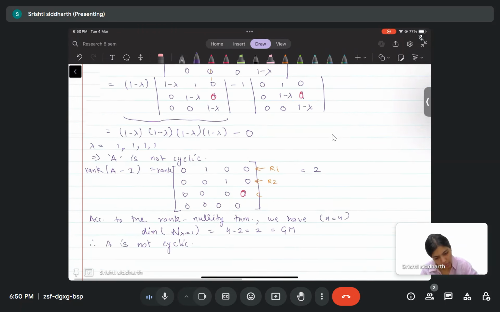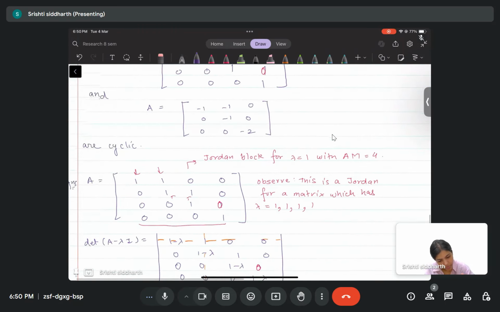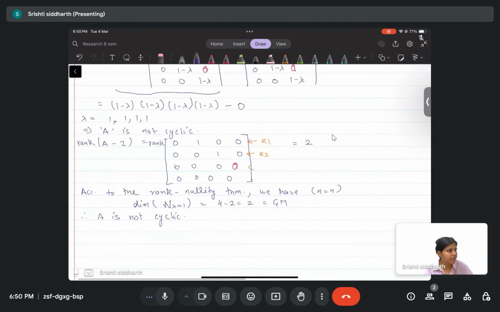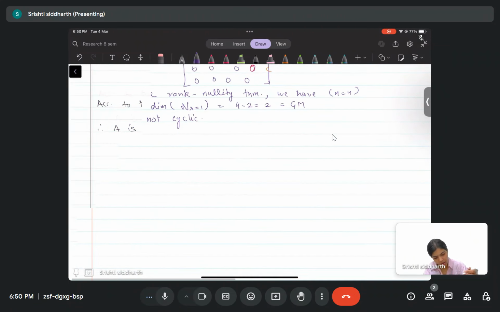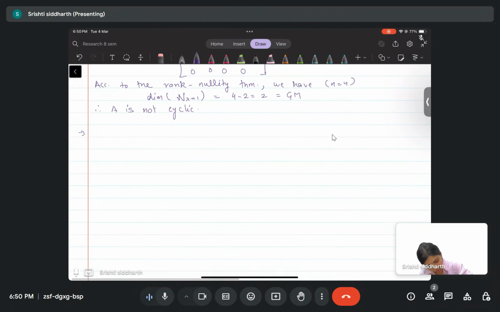I think our second matrix now. Let's name this A2. This is -1, -1, 0, 0, -1, 0, 0, 0, -2. So this is simply an upper triangular matrix.